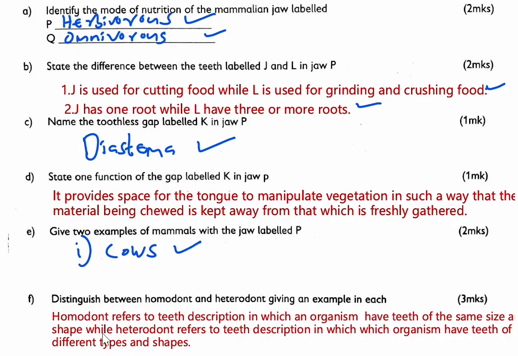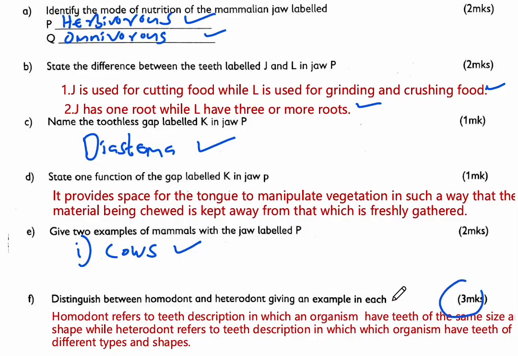So homodont example is birds or even a dolphin. Dolphin teeth are of the same shape and size. What about heterodont? Heterodont is for carnivorous animals, for example cats, dogs, lions, whereby they have teeth of different shape and size. So we have defined and also given examples, and we score those 3 marks.